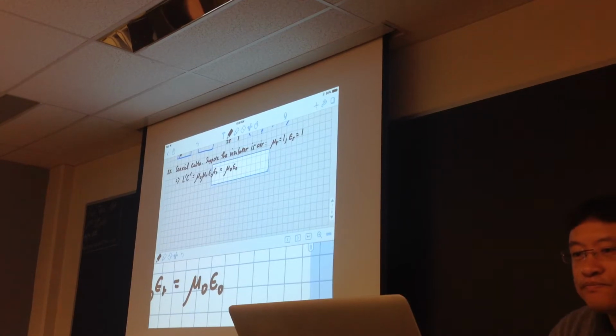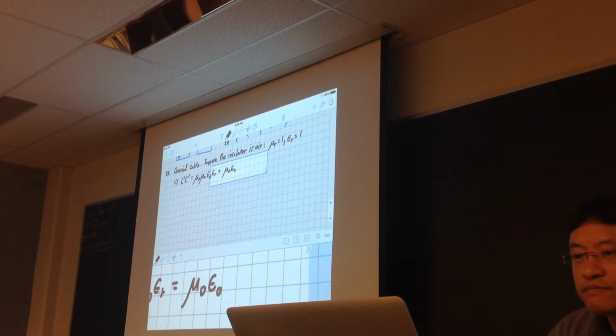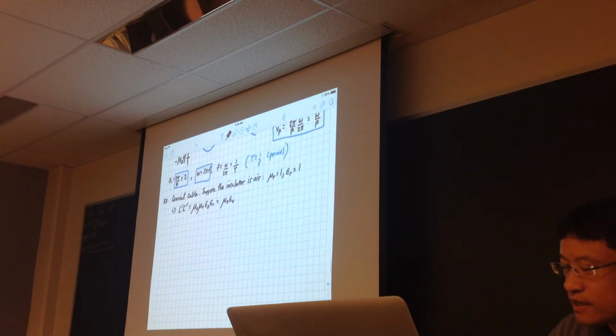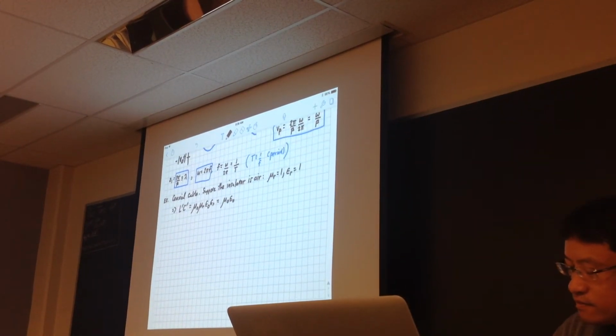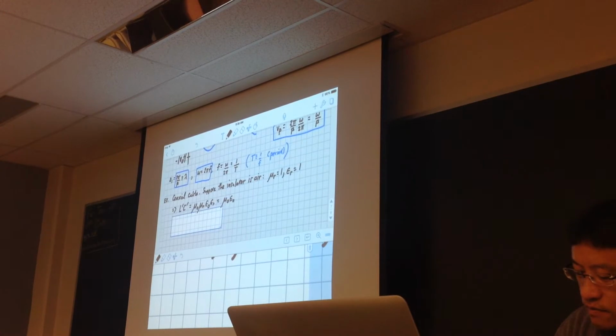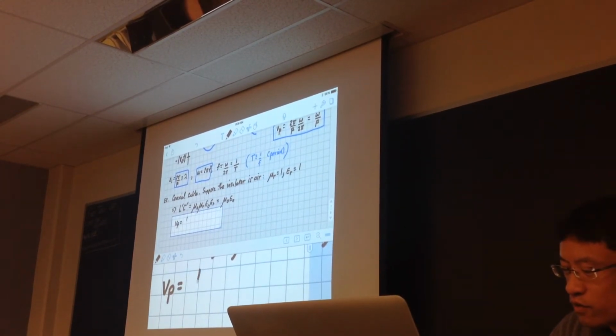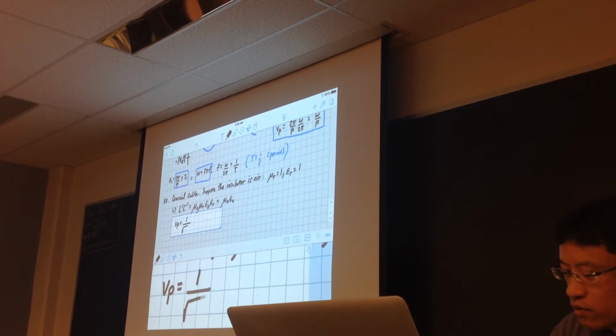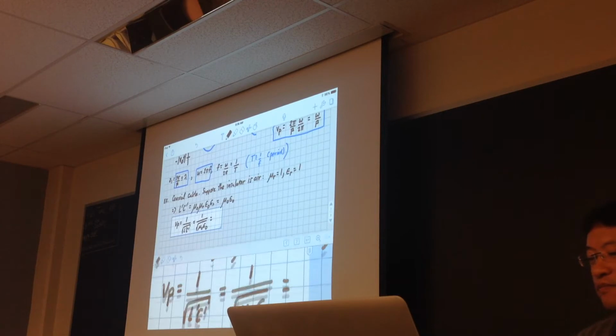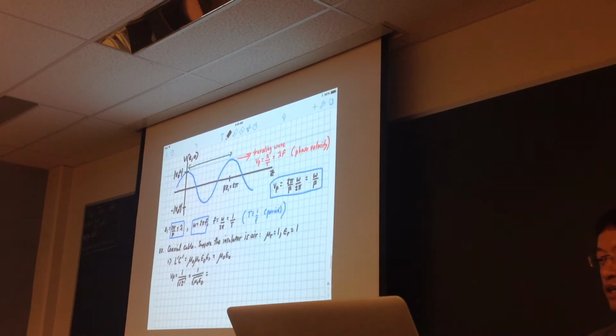And so the phase velocity is 1 over the square root of L prime times C prime, which is the same as 1 over the square root of mu naught epsilon naught. And this is actually a number that you can calculate.